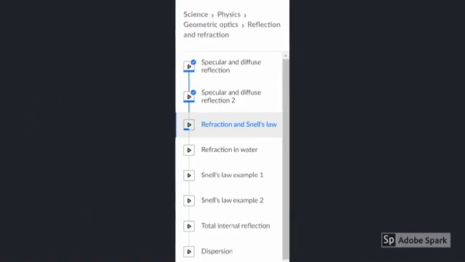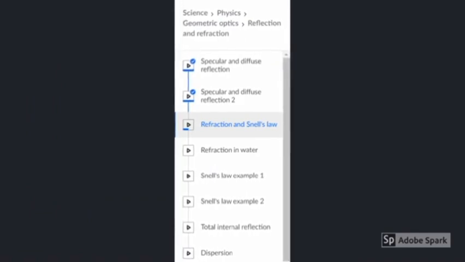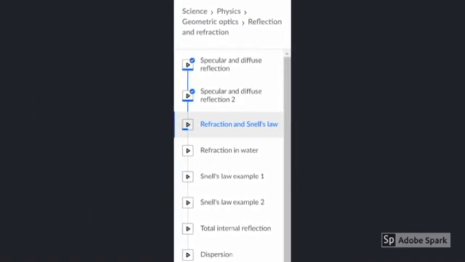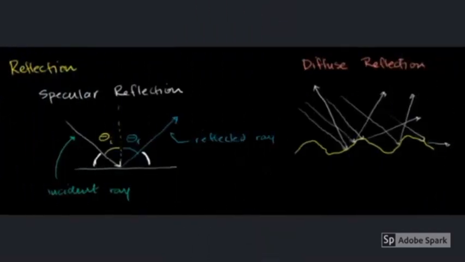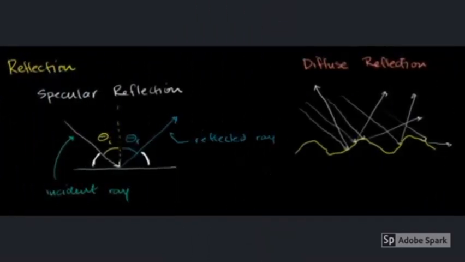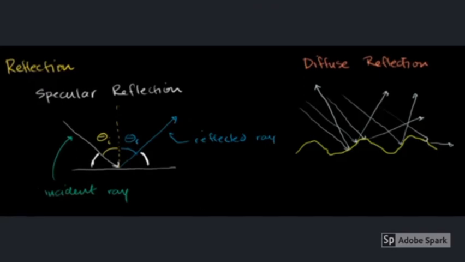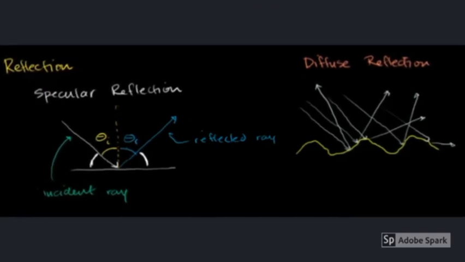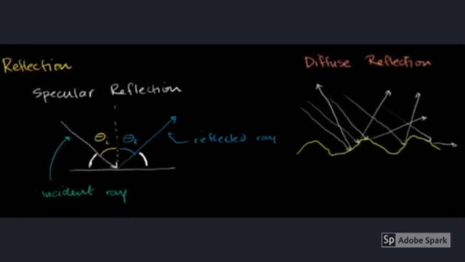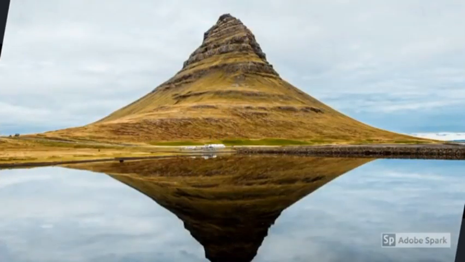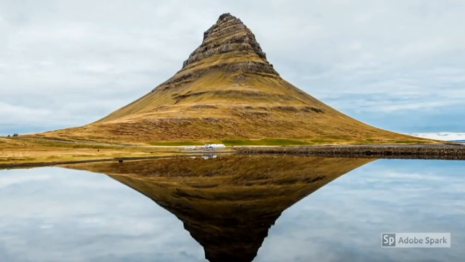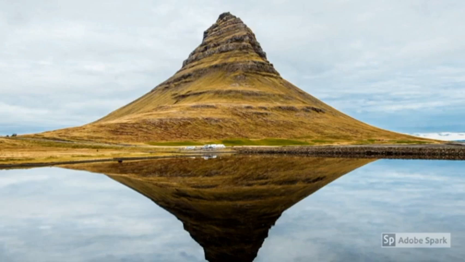All right, so this is Lesson 3 on their series on reflection and refraction. In Lessons 1 and 2, he explained how there are two different kinds of reflection: specular reflection and diffuse reflection. Specular reflection is a uniform reflection.